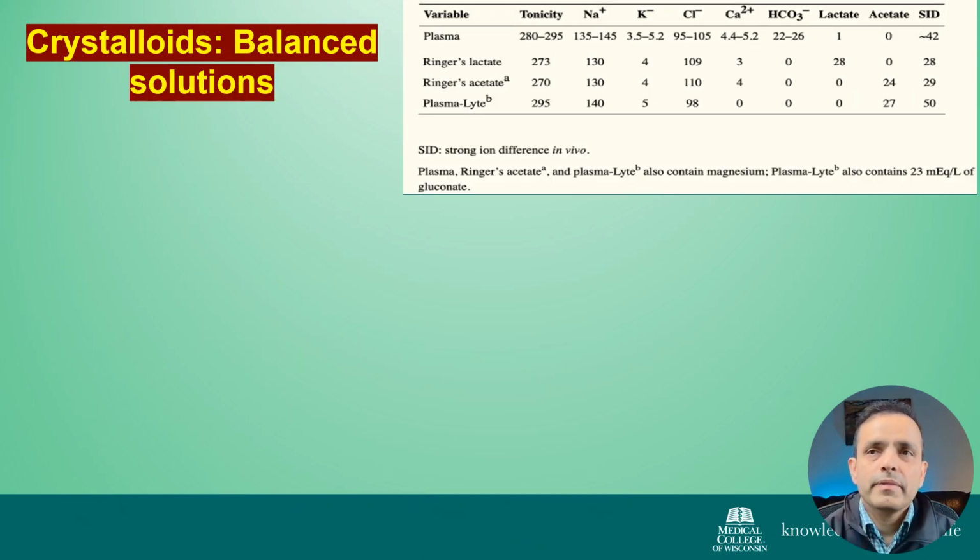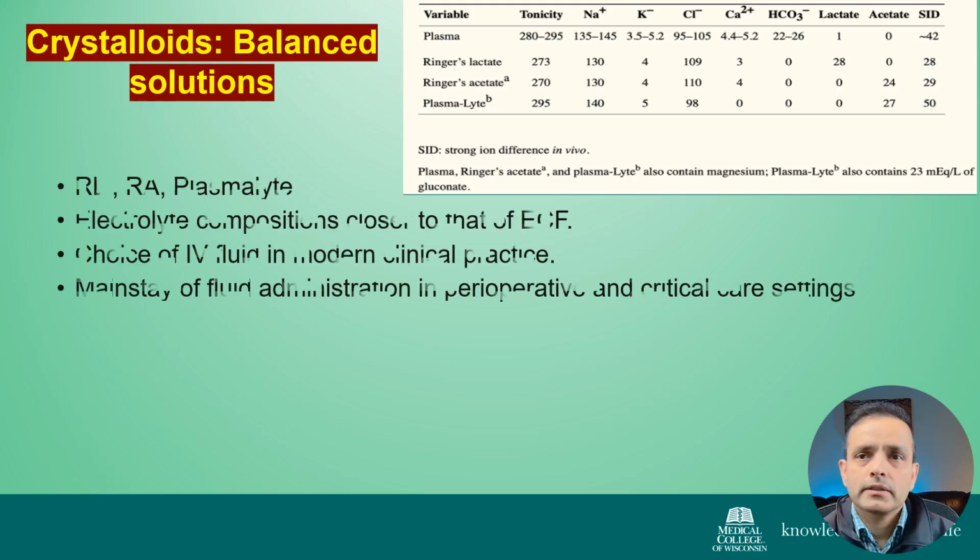So let's talk a little bit about balanced solutions. As you can see here, ringer lactate, ringer acetate, and Plasma-Lyte. These are the three, and the classically most commonly used one is ringer lactate. These balanced solutions have composition closer to that of extracellular fluid.